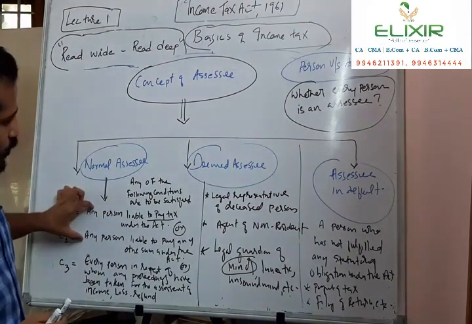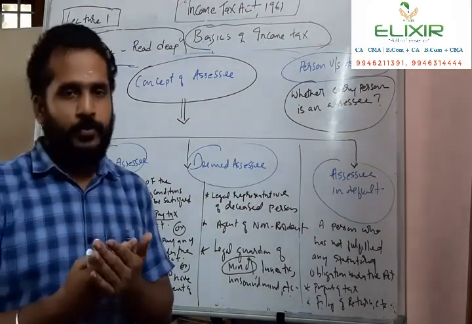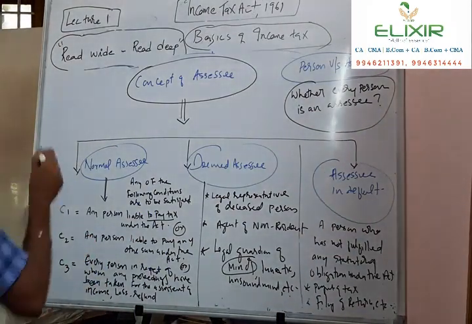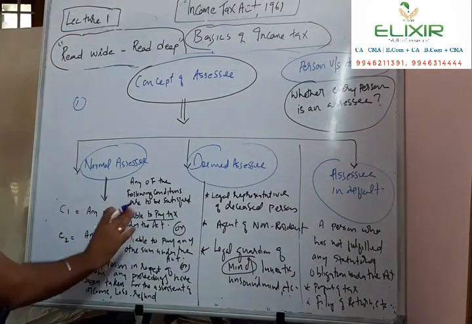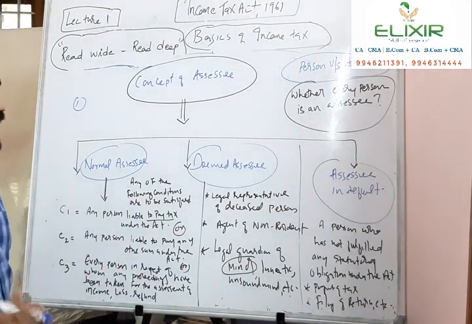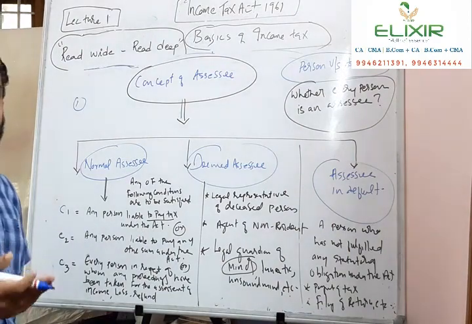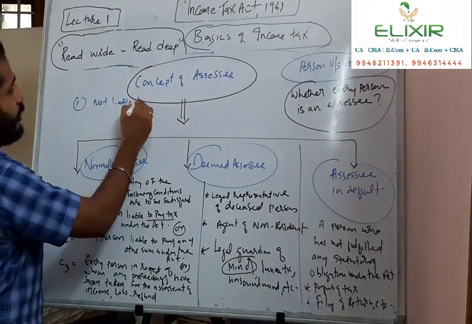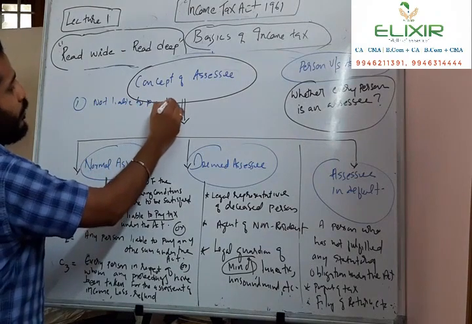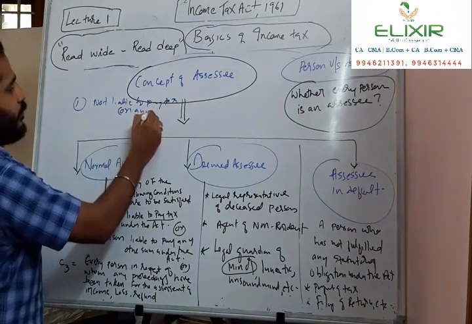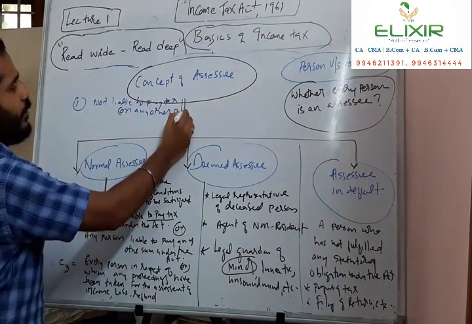After reading the first two conditions, two questions may arise. First question is, sir, I am not liable to pay tax, my income is below my exemption limit. Not liable to pay tax or any other sum. Whether I can be treated as assessee.